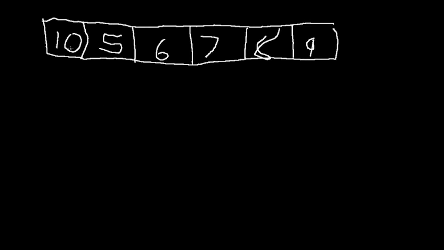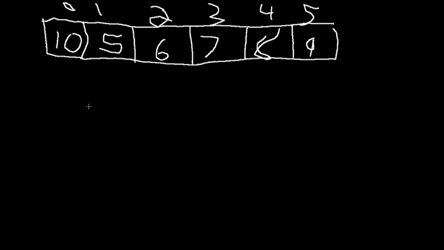So, for example, let's say we have this array. We have 1, 2, 3, 4, 5, 6, so 6 indexes, and the indexes are 0, 1, 2, 3, 4, 5. Sorry about my drawing, it kind of sucks.